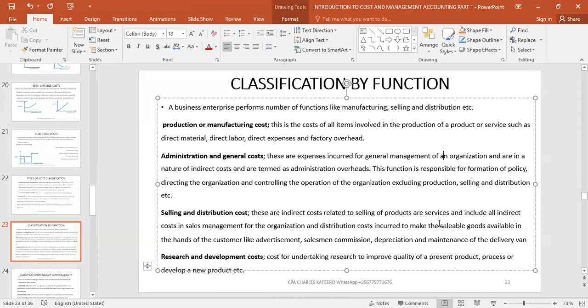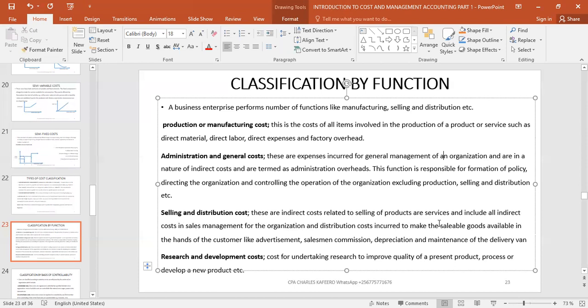These may include the depreciation of the delivery vans, the salesman commission and other bonuses, maybe the cost of advertisement, and most of the customer related issues like giving them carriage outwards and giving them some trade discounts if they qualify.